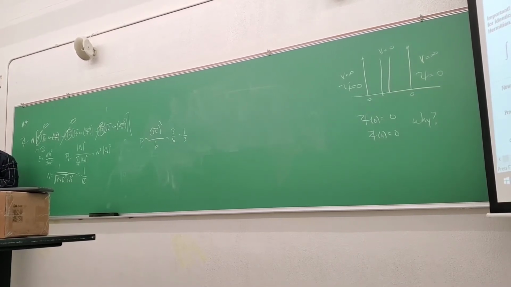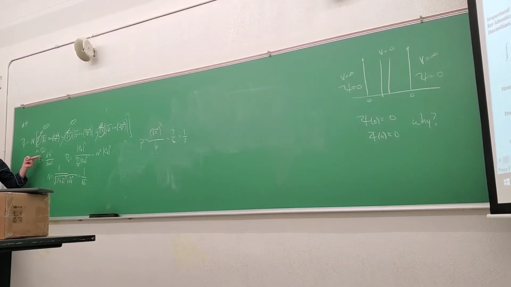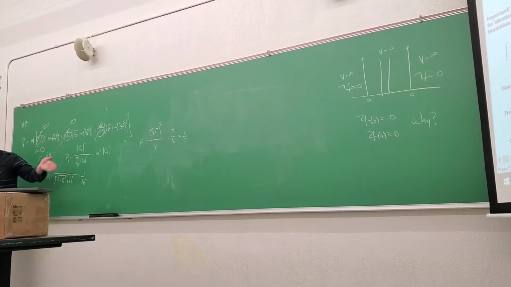Is that because when you square it, that's 3 and the other 2 are not? Well, the 1, root 2, root 3 are gone. They no longer exist anymore because we made a measurement. We made a measurement, the system collapsed into this energy state where n was equal to 3. We now know it was not an n equal 1, it was not an n equal 2, it is an n equal 3.